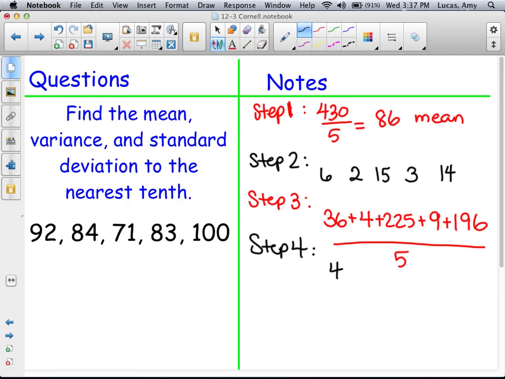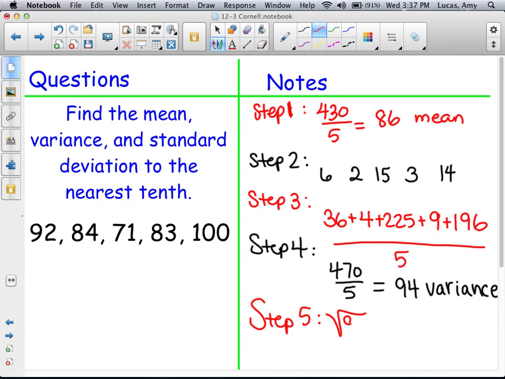So 470 divided by 5 gives me 94 for my variance. And then if I take the square root of that, the square root of 94 is about 9.7 for my standard deviation.